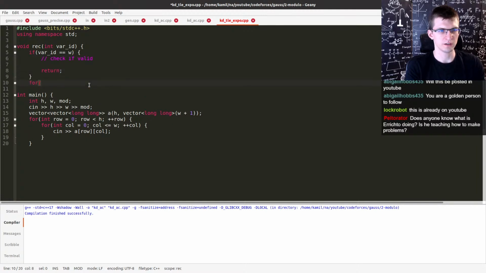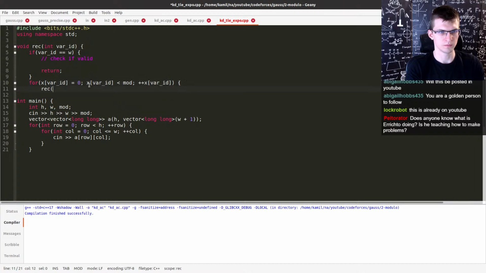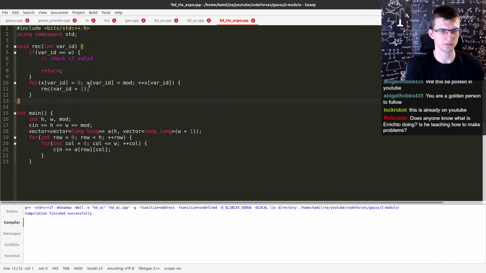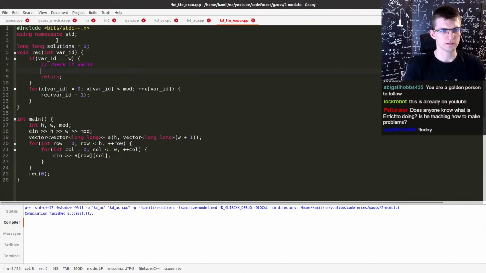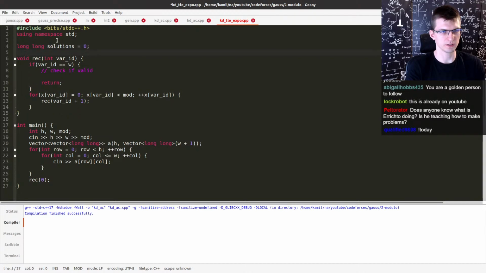But otherwise we say for every value, starting from 0 up to modulo, run recursion for the next variable. Okay, check if valid. Then yeah, I will make just everything global.